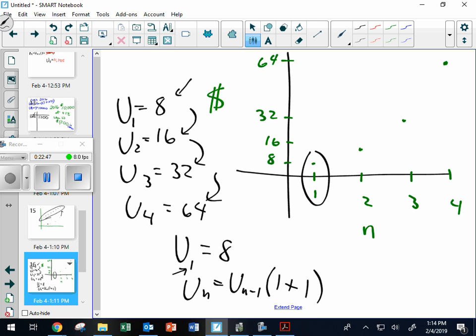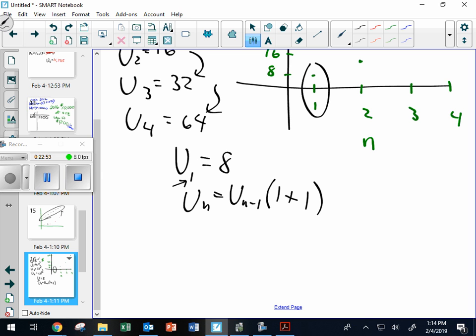It had a common ratio of 2, but a growth rate of 100%. That makes sense to you? I could have put a 2 here, but it would have misled me into thinking that the common ratio is 2. It would have misled me into saying that the growth rate was 2 or 20 or something like that, but it's actually 100% growth rate.